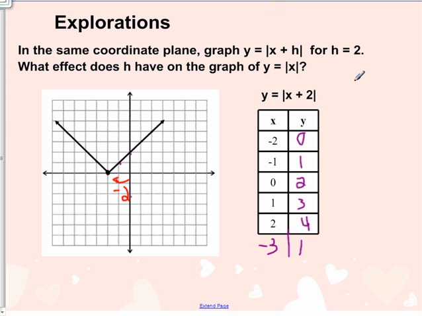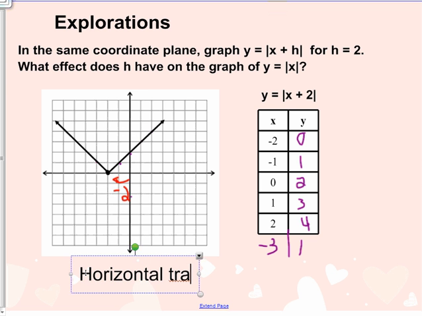This means that when we have a value inside the absolute value, this is a horizontal translation. So this is an example of a horizontal translation. Now one of the things you should notice is because it's +2, it's actually moving the opposite way that you would think it is.